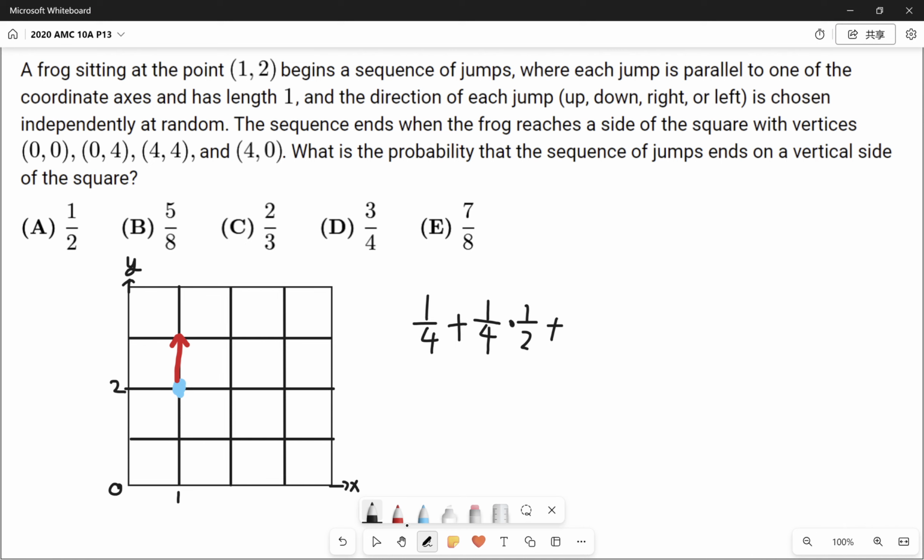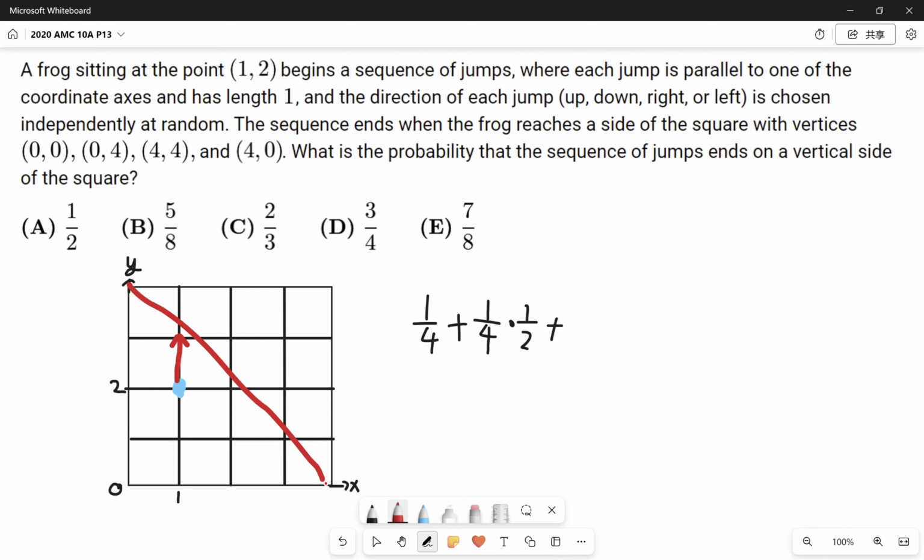When we end up at a point on a diagonal, there's also some symmetry here, because this diagonal point is equidistant to this vertical side and this horizontal side. It's also equidistant to this horizontal side and this vertical side. So firstly, there's 1/4 of a chance that the frog moves up. After it moves up to here, there is 1/4 of a chance that it goes to the vertical side.